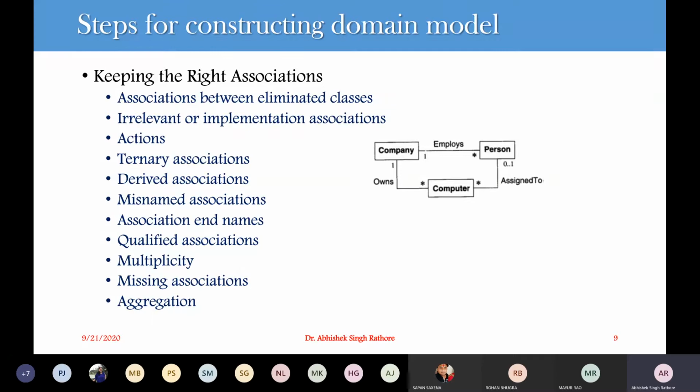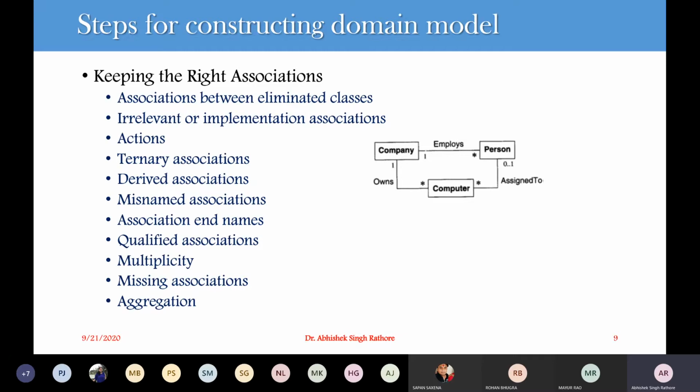Then another criterion is the multiplicity. You can specify multiplicity, but we don't want to make much effort for getting it right, because multiplicity often changes in each iteration. The challenge of multiplicity is that, say, there's a one to many. Let's say one boss manages many employees, or one boss works on different employees.